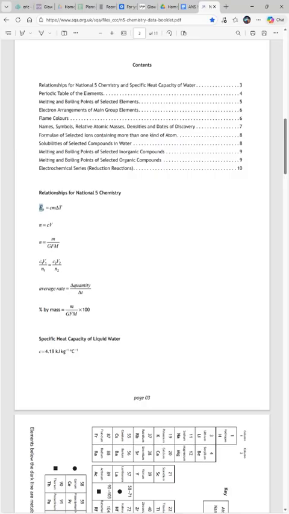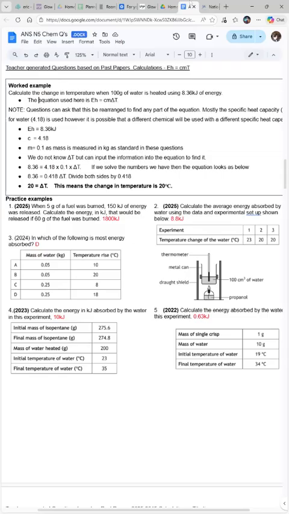So Eh equals 4.18 times the mass of water multiplied by the change in temperature, delta T. The questions can ask you to rearrange this any way. They can give you Eh and the mass of water, you can assume that 4.18 is the specific heat capacity, and then you have to rearrange it to find delta T.